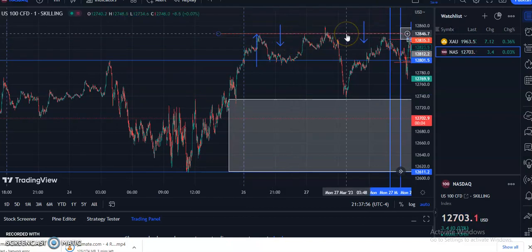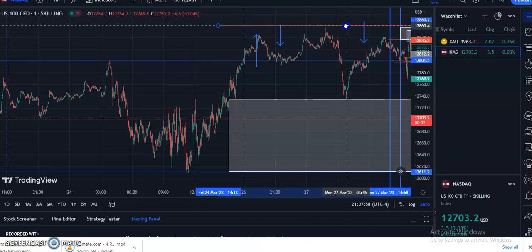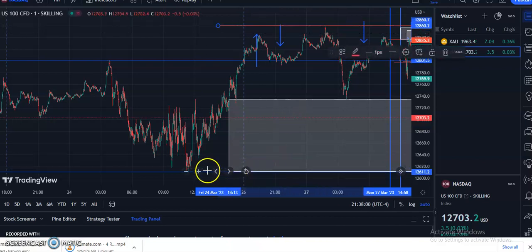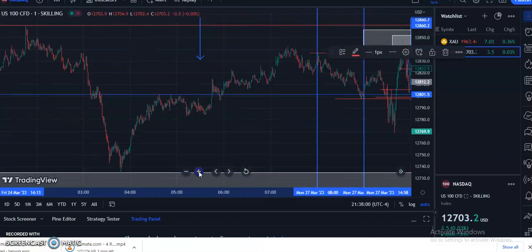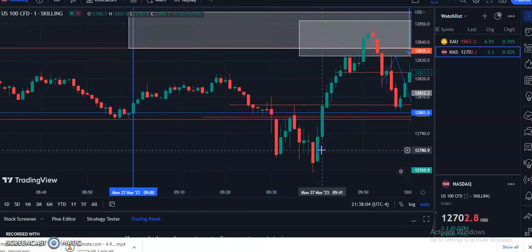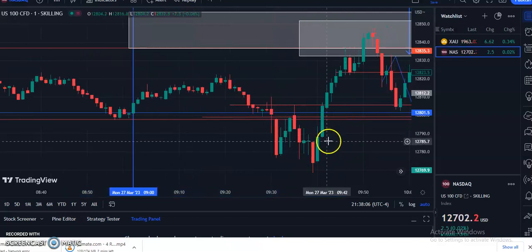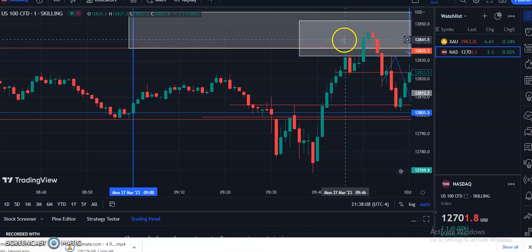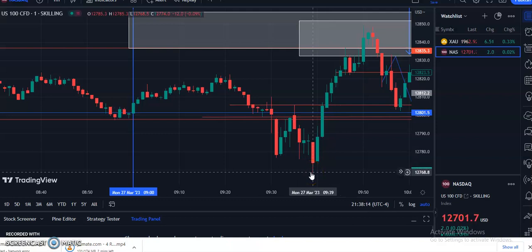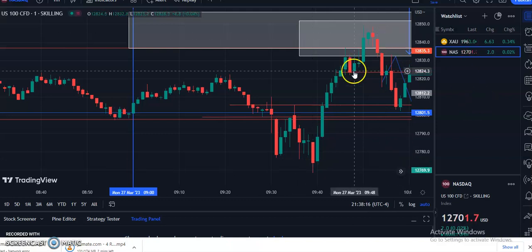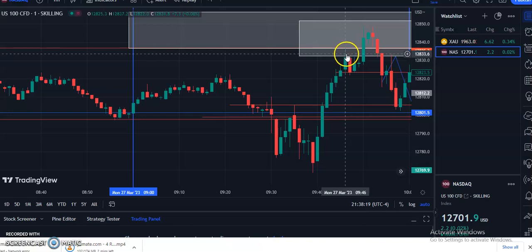So our high of the day is here. That was during the London session. Now, the market gives me a pump and dump setup to the high, but does not reach the high of the day. Alright. Then it gives me an M pattern, as you can see.